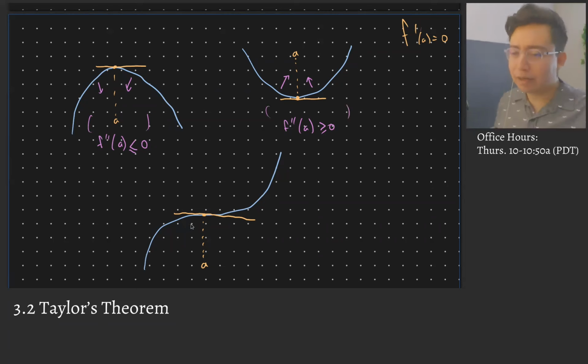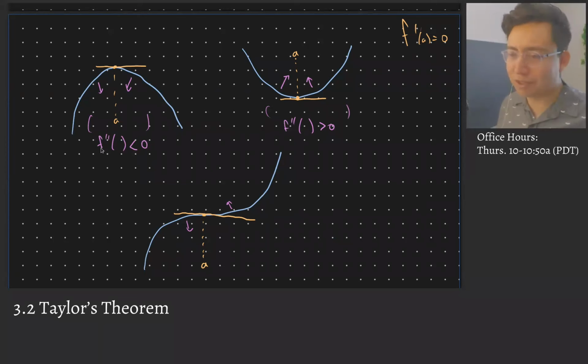But over here, a is the point where it goes from concave down to concave up, which we called an inflection point.